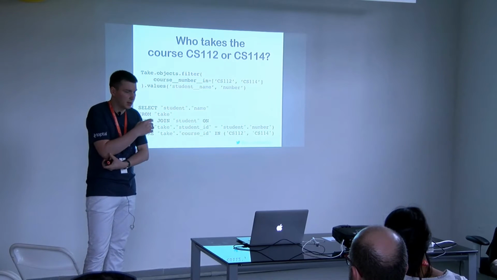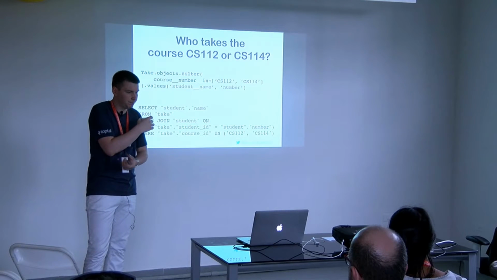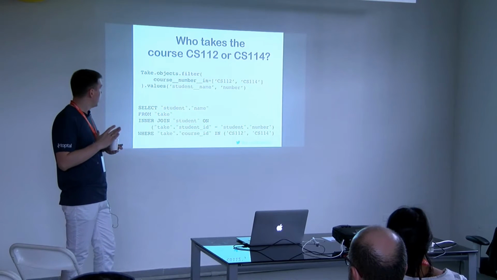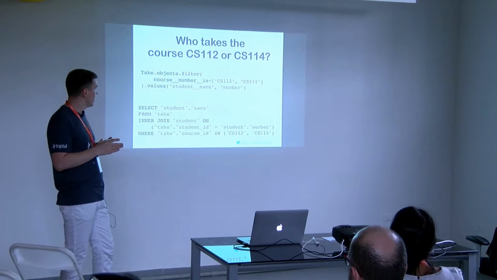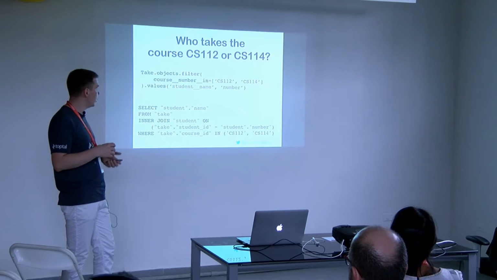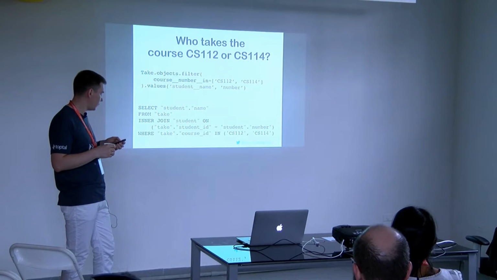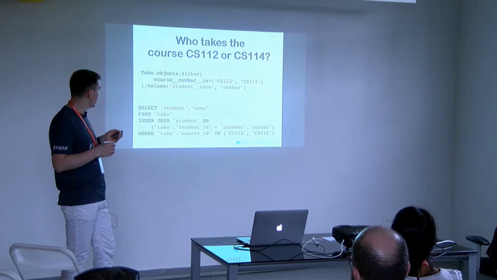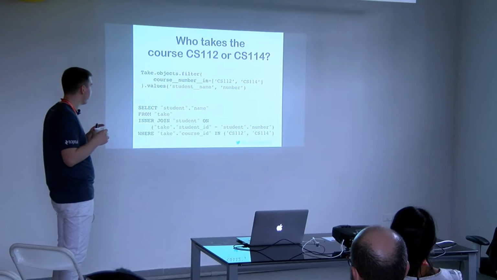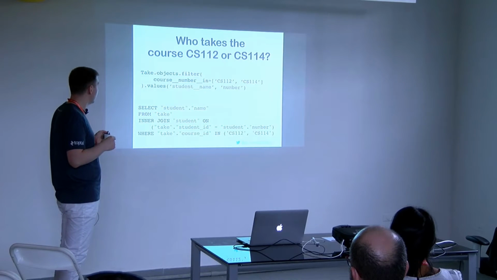What is next? It's my favorite one. Who takes the course with name 11.2 or 11.4? And as you can see, in Django you can perform two variants. First, you can do course number in, and then you see the same in SQL.